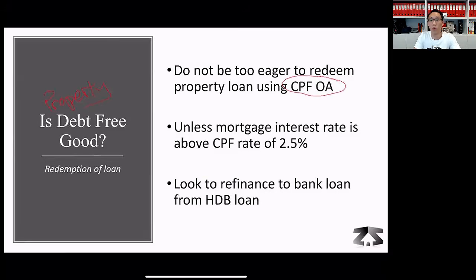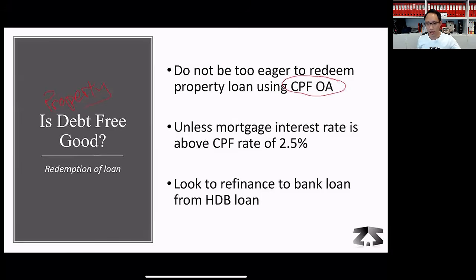All right, because I know probably at this period, most of us are not traveling and have already accumulated some amount of CPF savings, or even cash savings. You'll be very tempted to redeem the property loan. But if you redeem too early, I've met cases whereby owners redeemed their HDB loan using all their CPF, because probably there was some bonus at the start.